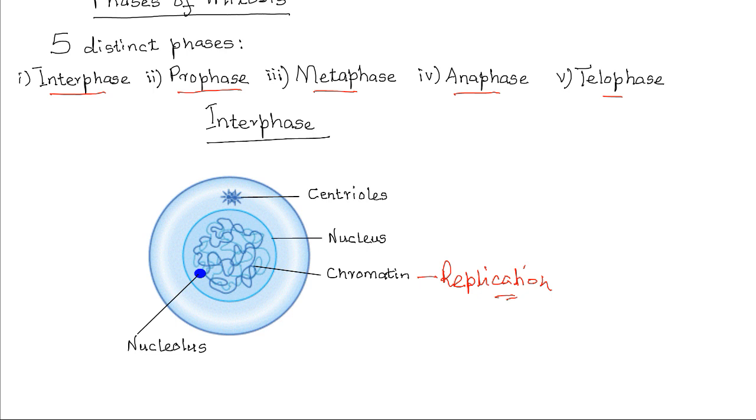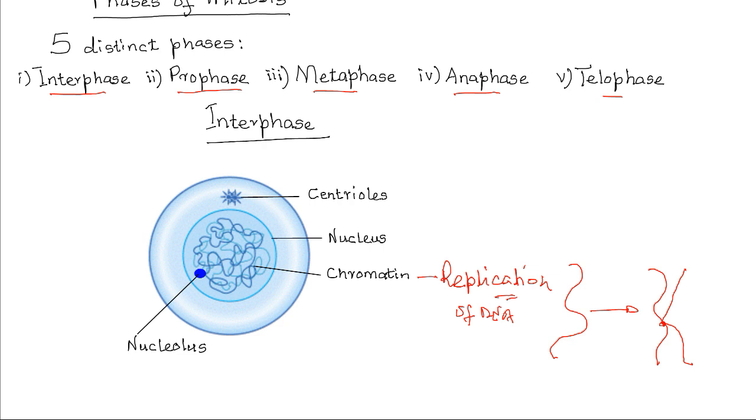So during interphase, the genetic material, that is basically the DNA, replicates. So each chromosome then produces an exact copy of itself. If there was one chromosome, at the end of replication, this single strand will produce a sister chromatid, and the two are joined together at the centromere. That is the first event, the replication of DNA.